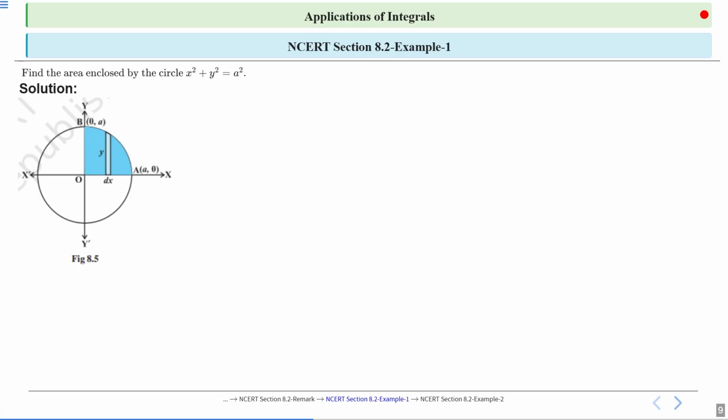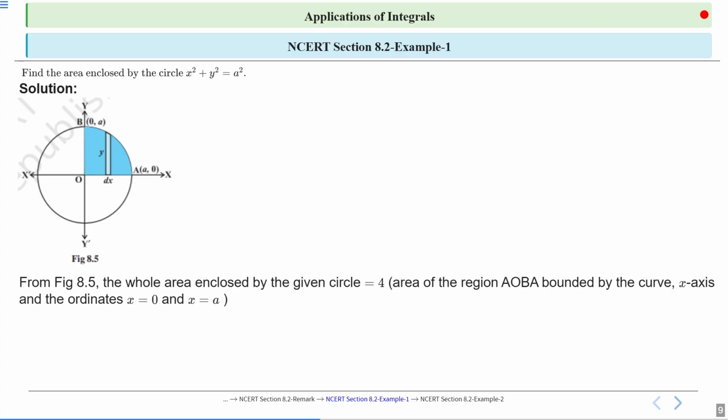To calculate the area of this entire enclosed circle, first we can see that some region is below the x-axis and some is above the x-axis. But the whole area enclosed by the given circle is equal to 4 times the area of the region AOBA, bounded by the curve, the x-axis and the ordinates. Okay.